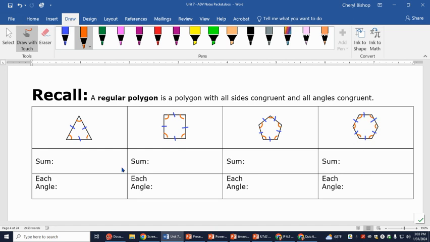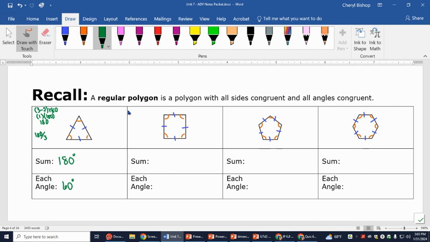So if I'm looking at these regular polygons, we already know that when I do a triangle, 3 sides minus 2 times 180, I'm going to get 1 times 180. And so that's 180 degrees for the interior sum of those 3 angles. We've done that a lot this year, right? And I know each angle in my regular polygon, if I take that 180 and divide it by 3, each angle here is going to be 60 degrees. We've done that before, okay?